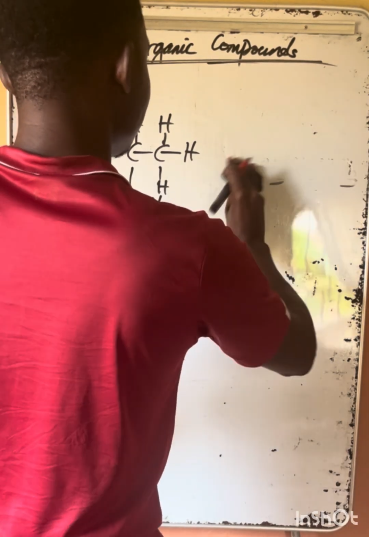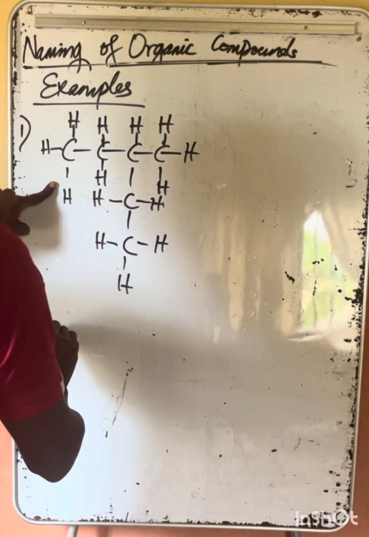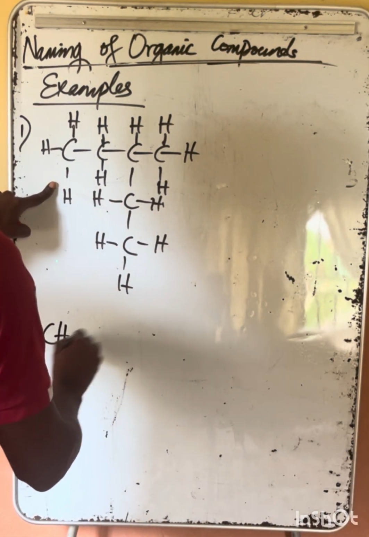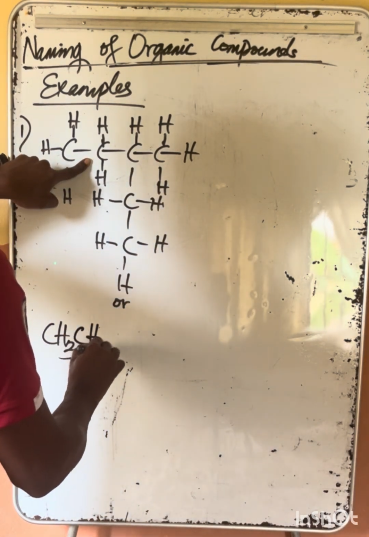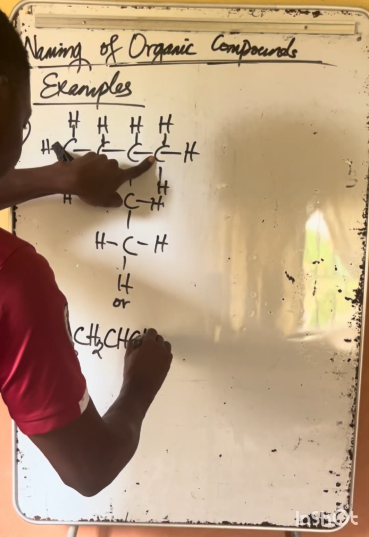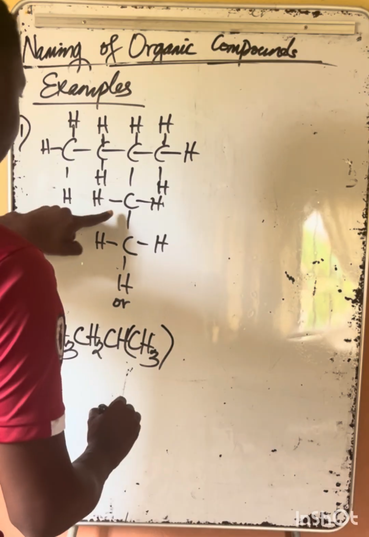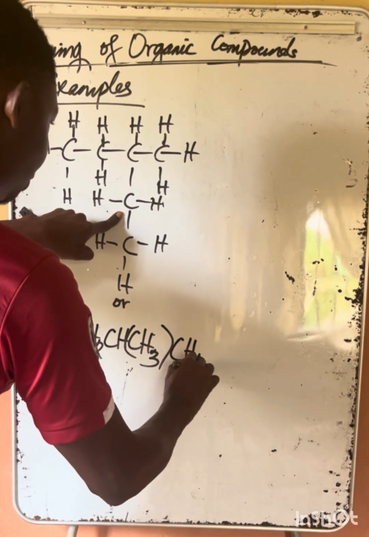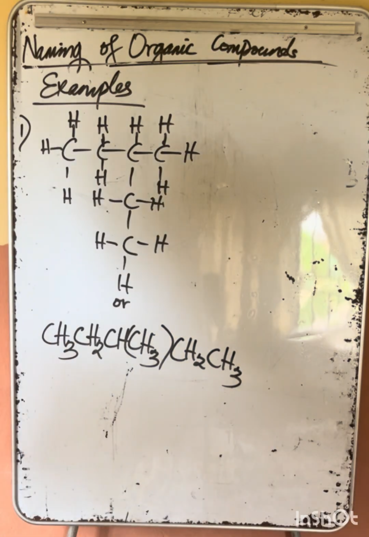Oh, this place will not accommodate it. Let me bring it down here. So I start again. CH3. This is a condensed structure. Then here I have CH2. Then CH. Then here CH3. I can put it in bracket if I want. Then over here now CH2. Then the CH3.